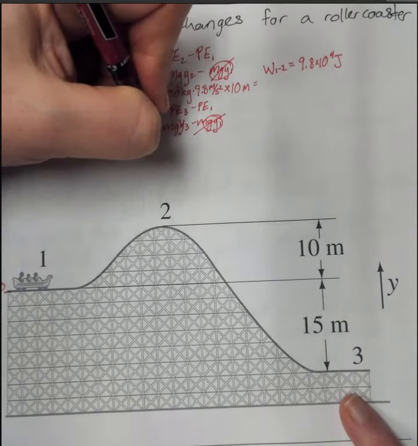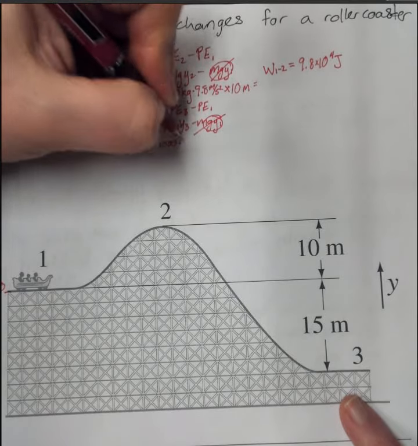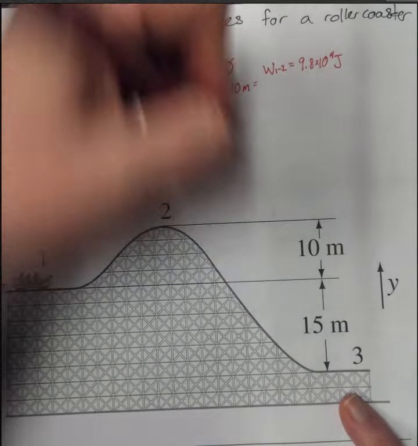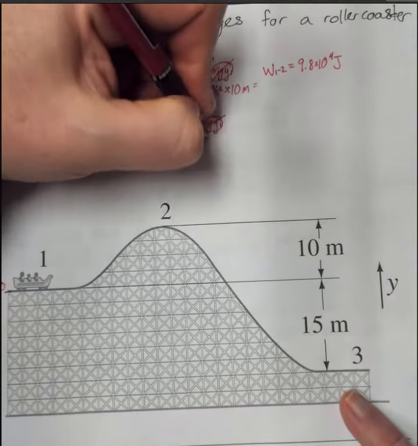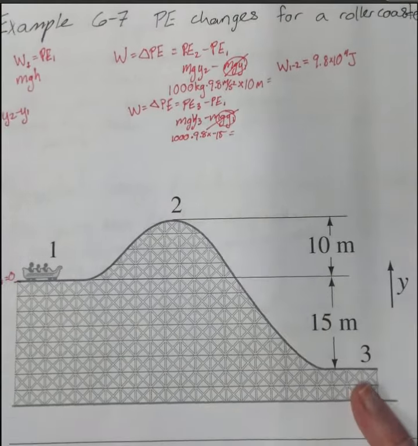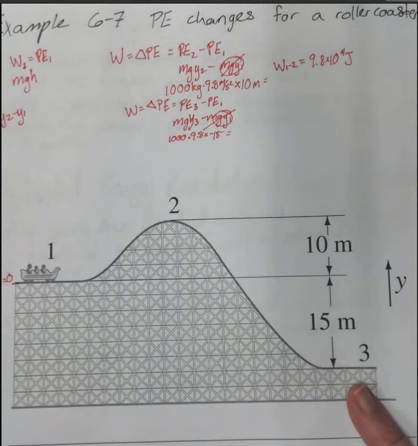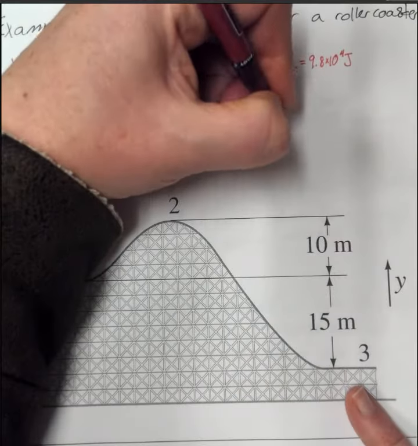Now we have 1,000 times 9.8 times 15 meters, and that 15 meters is in a downward direction. So our change in potential energy, or our work done to get to that point, is going to be negative 1.5 times 10 to the 5th joules.